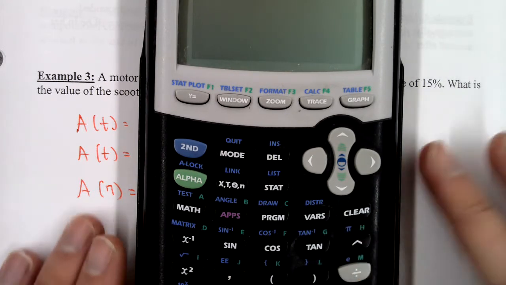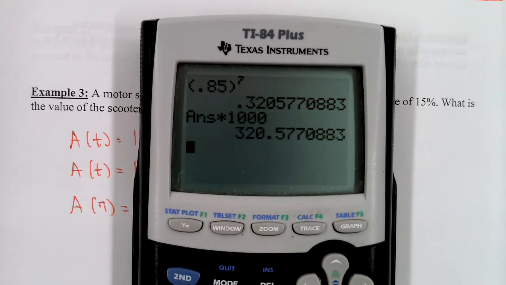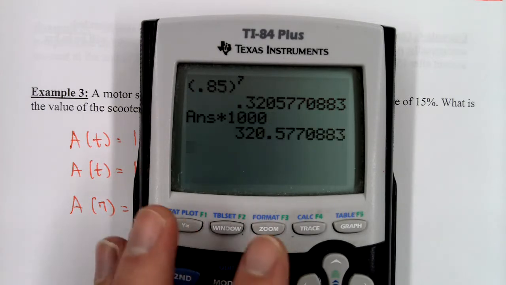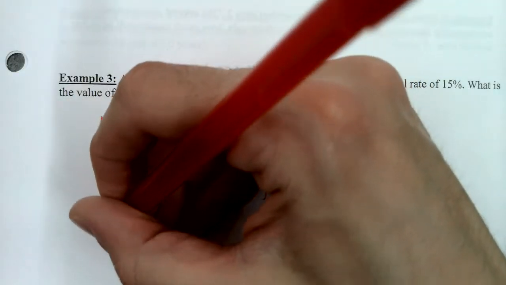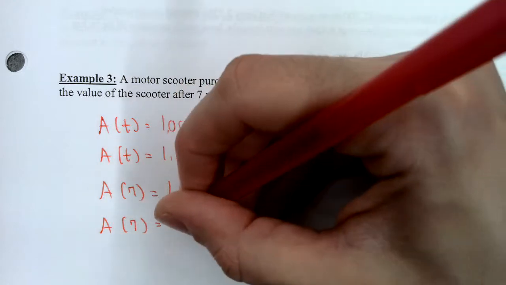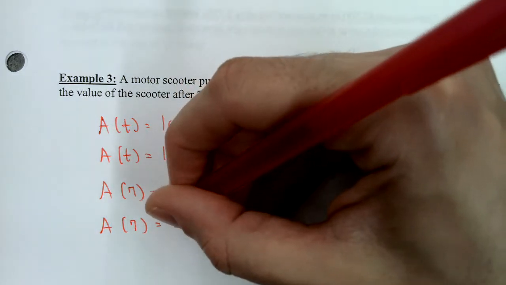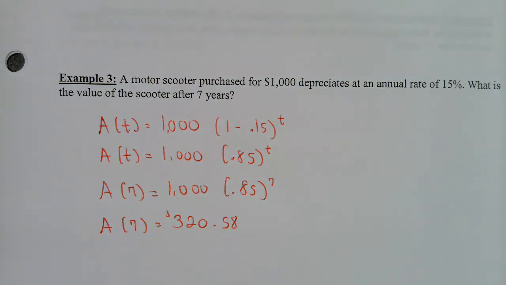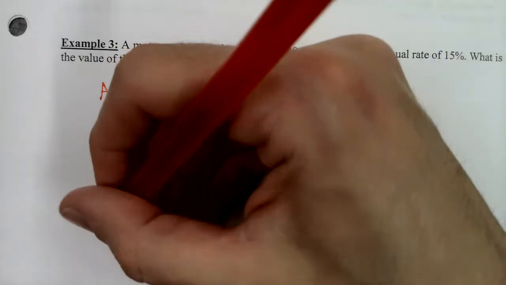So you press that, 7th power, equals that big decimal, times 1,000. $320.58. And then let's put it in a sentence. The value of the scooter after 7 years is $320.58.